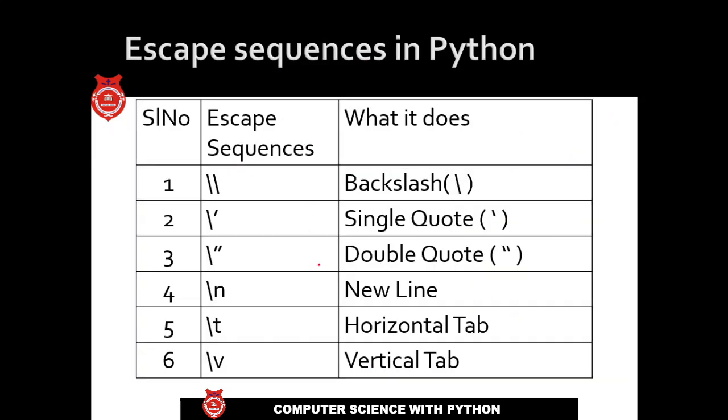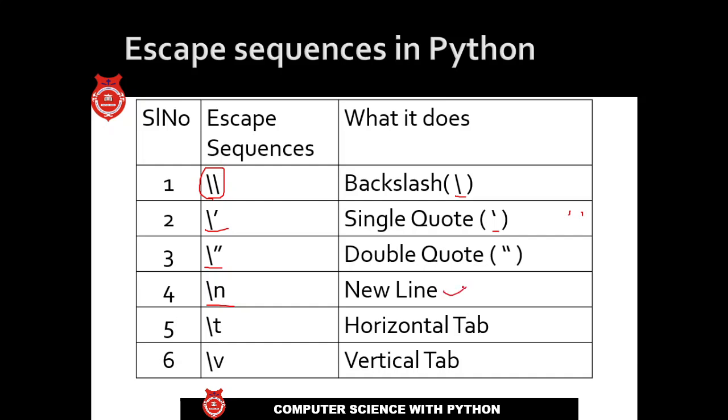And we also have escape sequences. Escape sequences have a specific purpose. When you want to display a backslash, you have to write it like this. This is an escape sequence. When you want to display a single quote, you have to use backslash single quote. The reason is that single quote is programming code, and when you want to display that programming code, you have to use backslash single quote, and backslash double quote. Backslash n means new line.